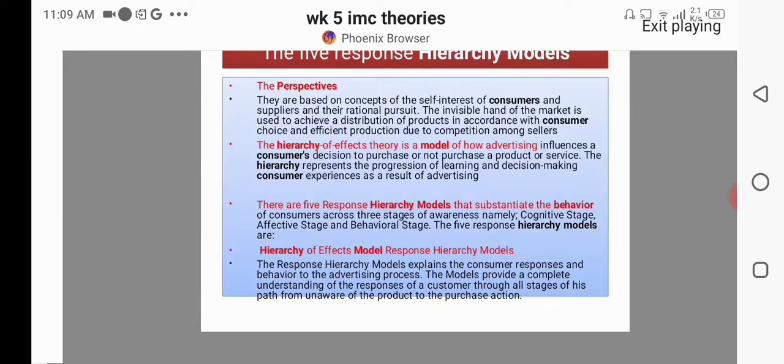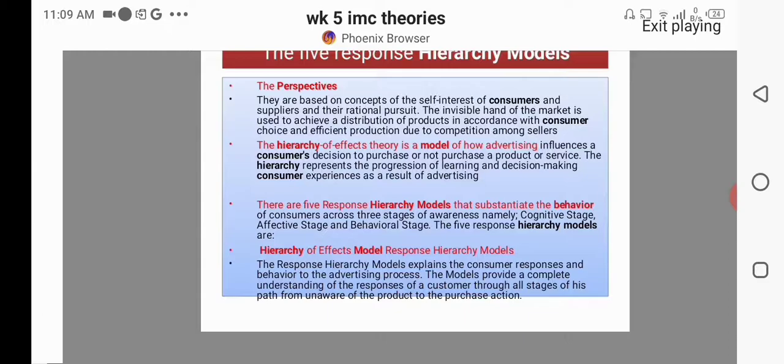In this model, the hierarchy of response is a progression of learning and decision making, matching consumer expectation as a result of advertising. So, as we discussed earlier, there are 5 models of hierarchy of behavior. Consumers go across 3 stages of awareness, normally the cognitive stage, the affective stage, and the behavioral stage.